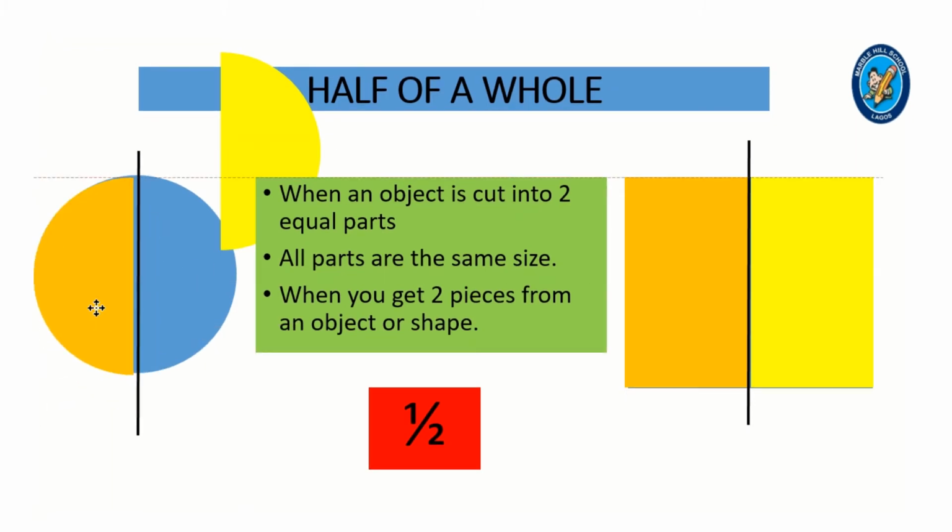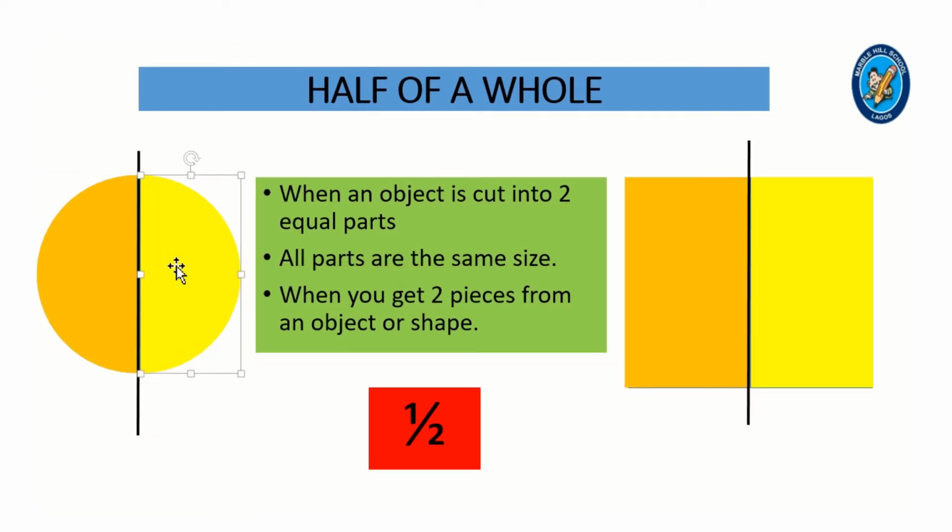So this half is one and this half is another one. So as you can see, I have divided this circle into two equal pieces. These semicircles are half of the full circle. Can you see? Half of the circle. So I have two pieces.